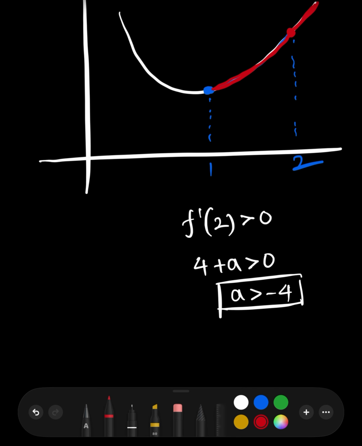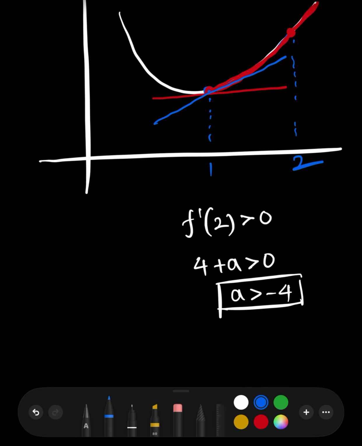The first one is, because it is strictly increasing in between 1 and 2, at 1 maybe the function has a turning point, like this. Or, because it is increasing in between 1 and 2, at 1 also the function is strictly increasing. This is the other condition.